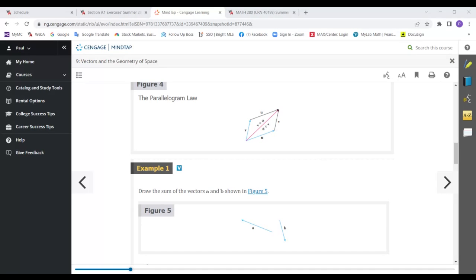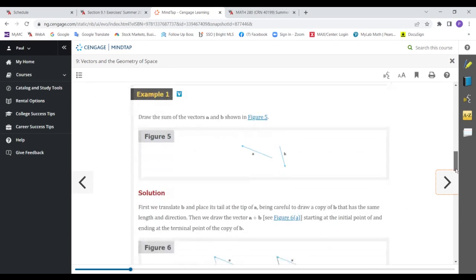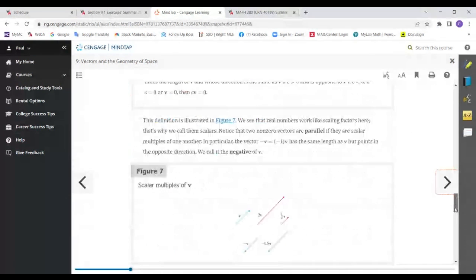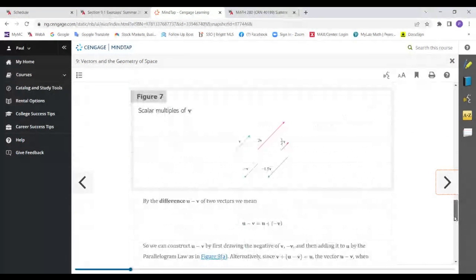Now, what does it mean to multiply a vector by a scalar? Let's look at that. In figure 7, you have a vector v, and they're showing you scalar multiples of that vector v. The vector v in blue, if you multiply that vector by 2, you get the vector 2v in red.